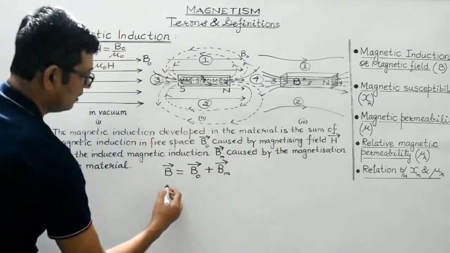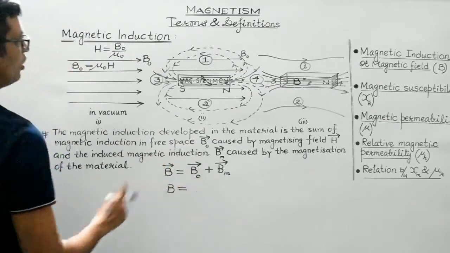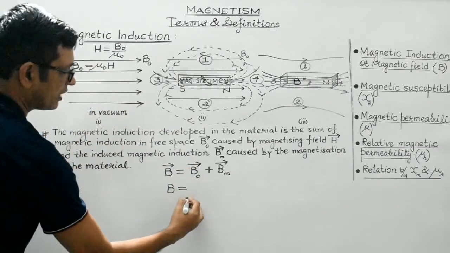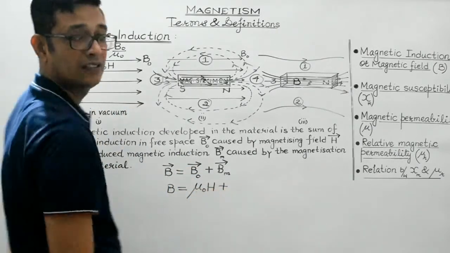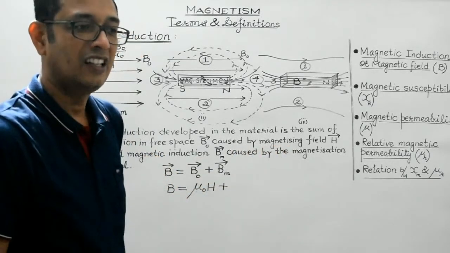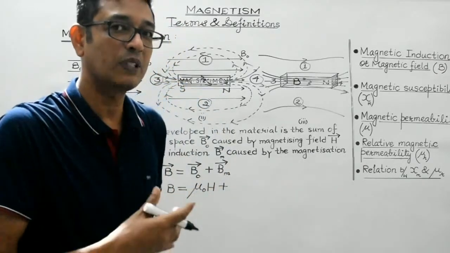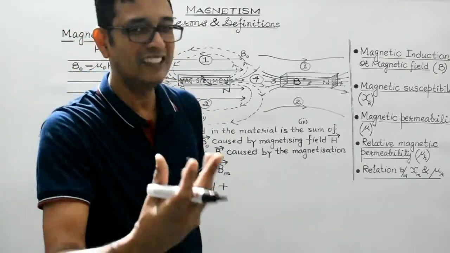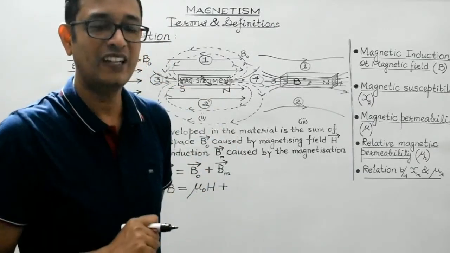So let us expand it. B in magnitude would be equal to B naught, as we are aware, it's mu naught H, plus, we have discussed the intensity of magnetization, I. The extent to which a specimen gets magnetized, that's intensity of magnetization, which we have discussed in the previous lecture, right?